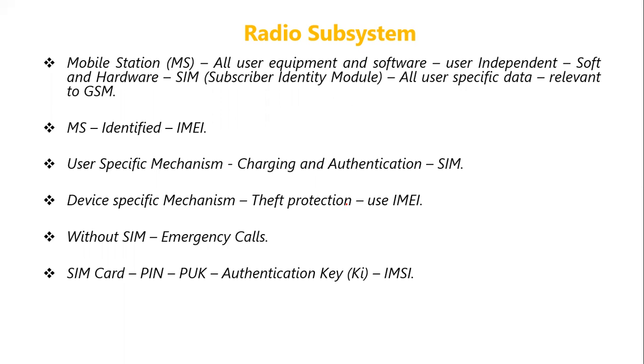We should also know that the mobile station can be integrated into your car. Nowadays you might have seen cars which have integrated some mobile oriented system, especially for route management. That is nothing but a mobile station integrated into the car, and they use GPS location services for traveling.